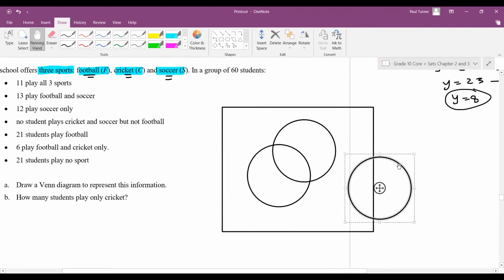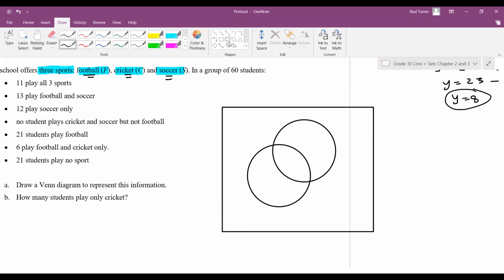I'll have to draw it again. So you draw it yourself, make 3 circles and do that. I've got to stick it here. All right. Right, so just do that. You can move them around if you want.